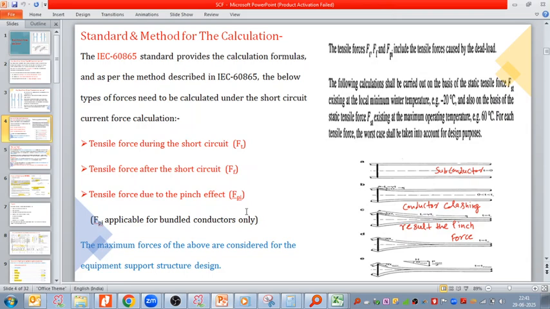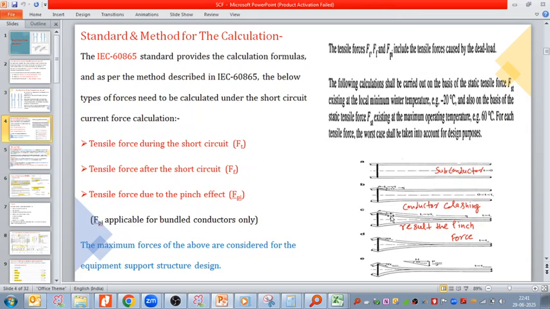If there is a short circuit and there are subconductors or bundle conductors, the bundle conductors will attract each other. Like you can see here, I have put subconductors. Due to the short circuit, the conductors are clashing. So in order to avoid that clashing, we have provided the spacers.